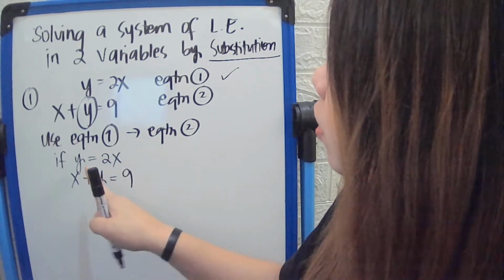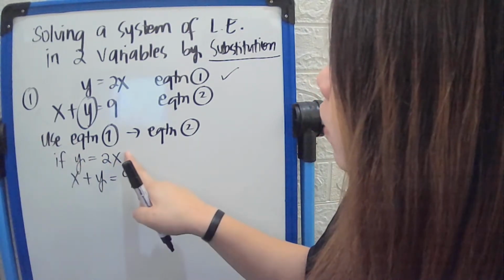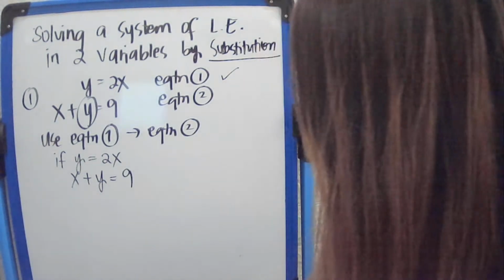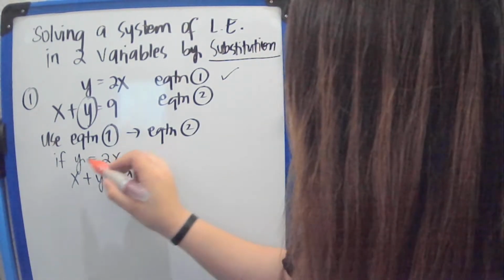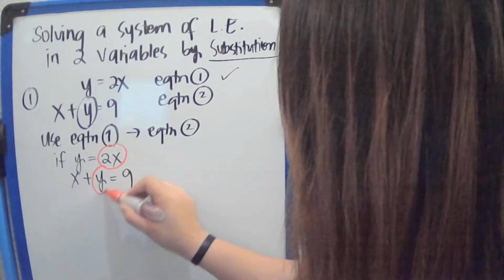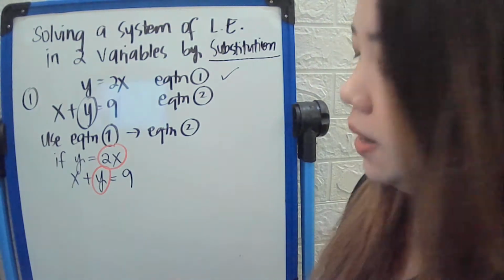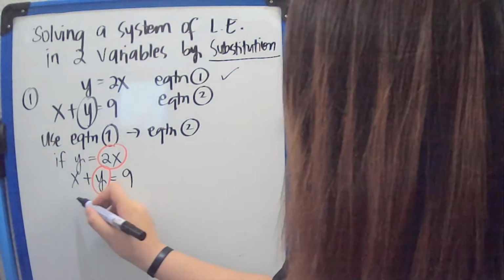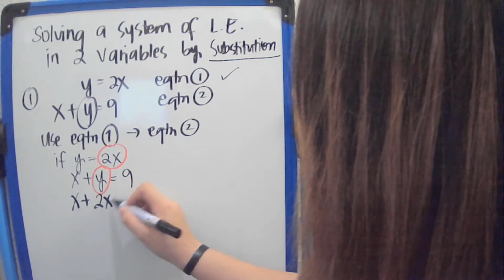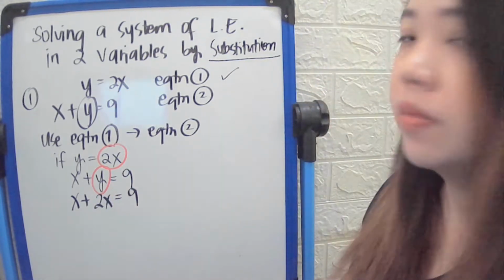So, ibig sabihin to, yung value ng y ay 2x, yung 2x na yon ipapalit ko sa y. Kasi yun daw yung value niya. Ang value ng y ay 2x. So, yung 2x na yan ang ipapalit ko dito. Okay? So, that will be x plus, ang value daw ng y ay 2x is equal to 9.